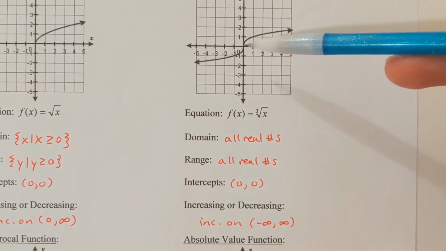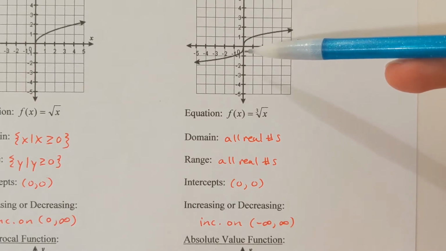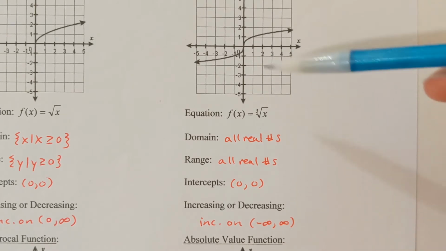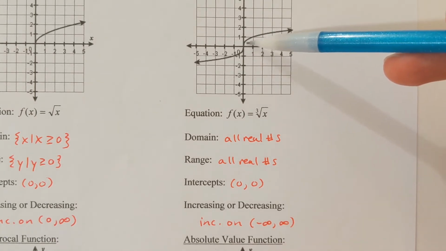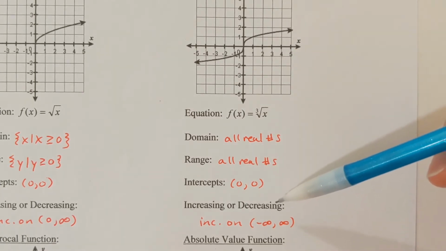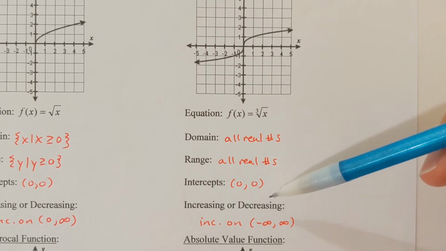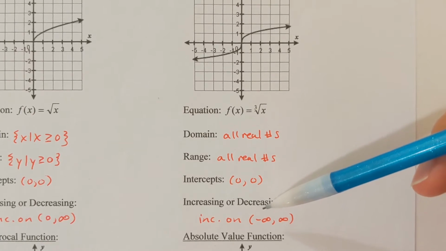So even right here at 0, 0, there'd be a vertical tangent, and you're still going to be increasing, since the number to the left of 0 is going to be some negative value, and the number to the right of 0 is some positive value. 0, 0 is an intercept, but it's still going to be a point where you're increasing.